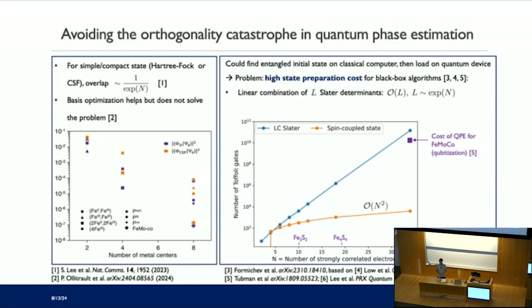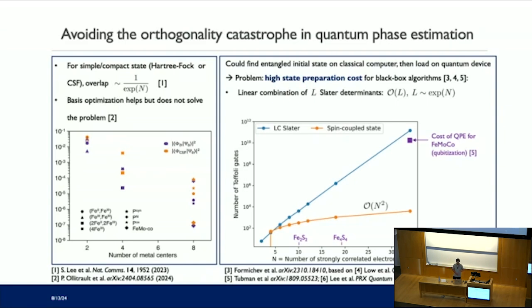And so in that case, it will be comparable to the cost of phase estimation with the current best methods, which in this case is qubitization. So obviously that will be a big problem for quantum algorithms in this context.